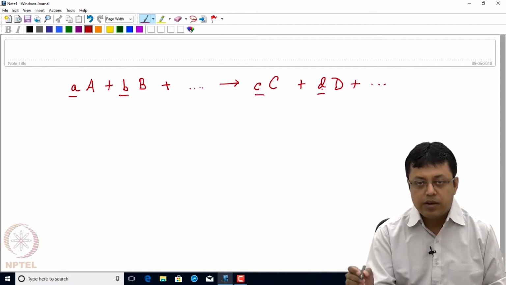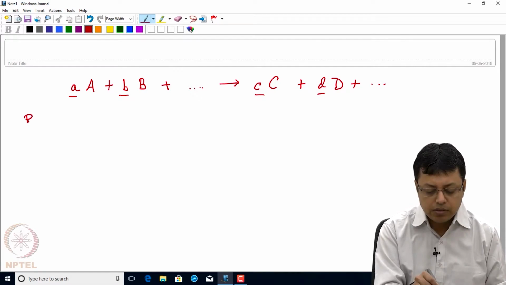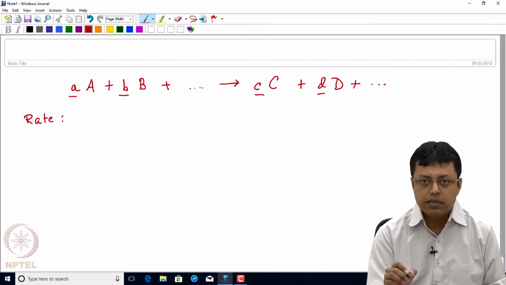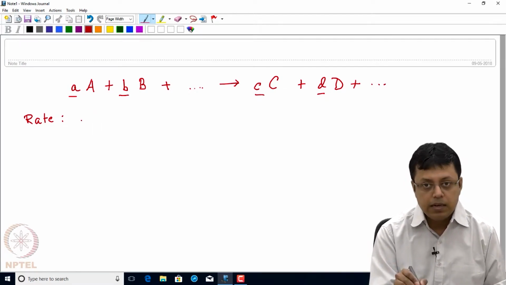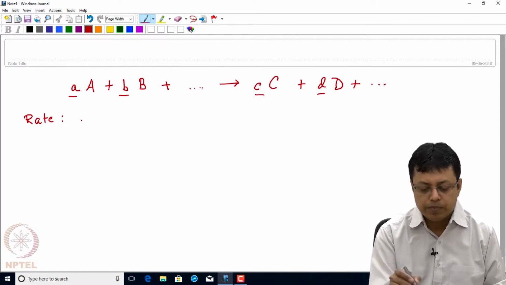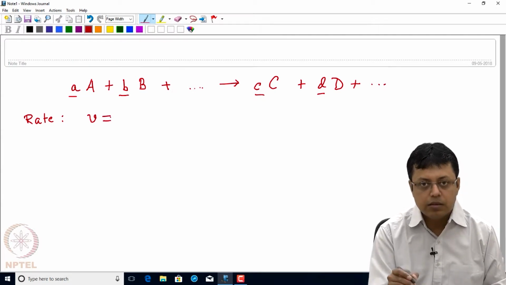Now for this reaction we can define the rate of the reaction, which can be expressed either in terms of the reactants or in terms of the products. The rate is always expressed from the stoichiometric equation, and we often denote it as V, because V is basically the velocity of the reaction.